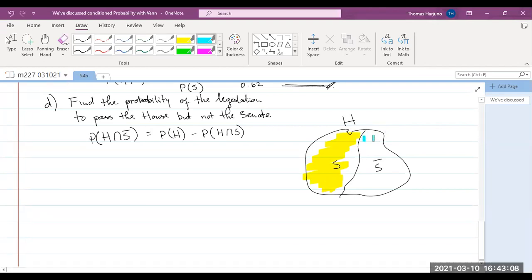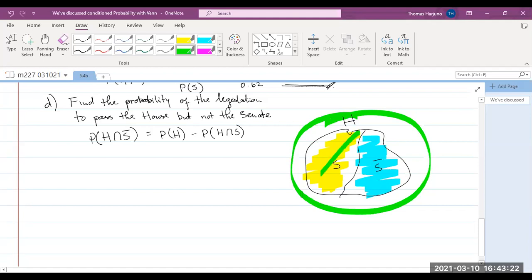This is the probability that it passed the House, but not the Senate. So if you want to know the blue one, you get the whole probability of passing the House minus the probability of passing the Senate. That's how you get the probability of passing the House but not the Senate. So you get the whole House first, and then you take away the probability of passing the Senate. Then you're left with the probability of passing the House but not the Senate.